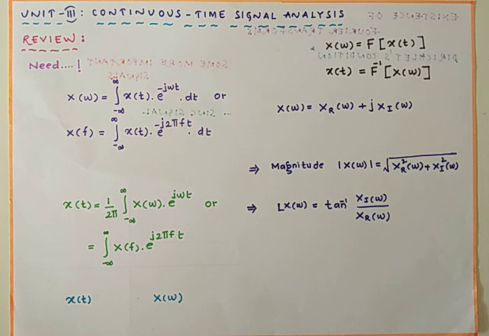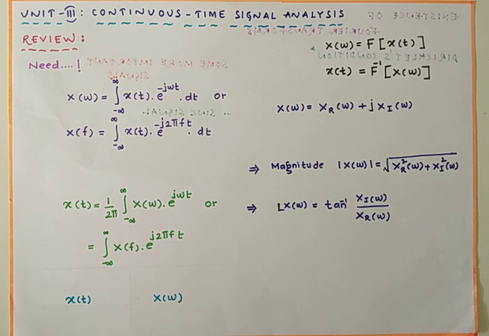One is the Fourier series, which is applicable to periodic signals, and that is about the time domain signal. A time domain signal is represented with time, for continuous time, or at various separate instants in the case of discrete time.